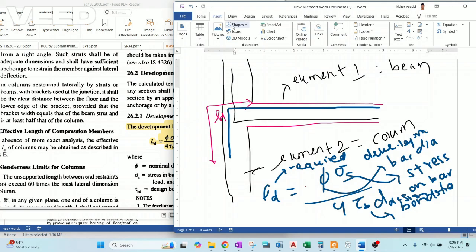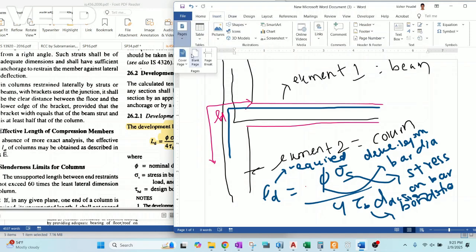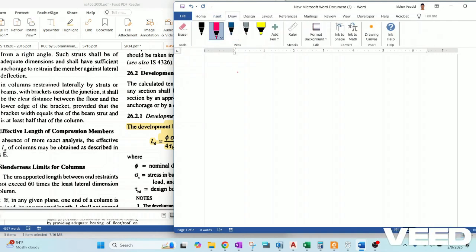Sigma s can be determined like this. You can take the maximum permissible stress, or you can calculate the exact stress that comes to the bar. If you don't know the exact stress on that bar, you can assume the maximum stress that is permissible for that bar.